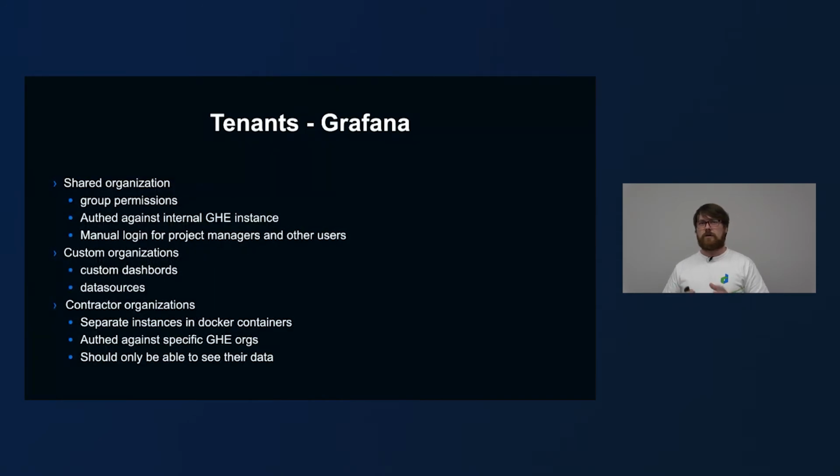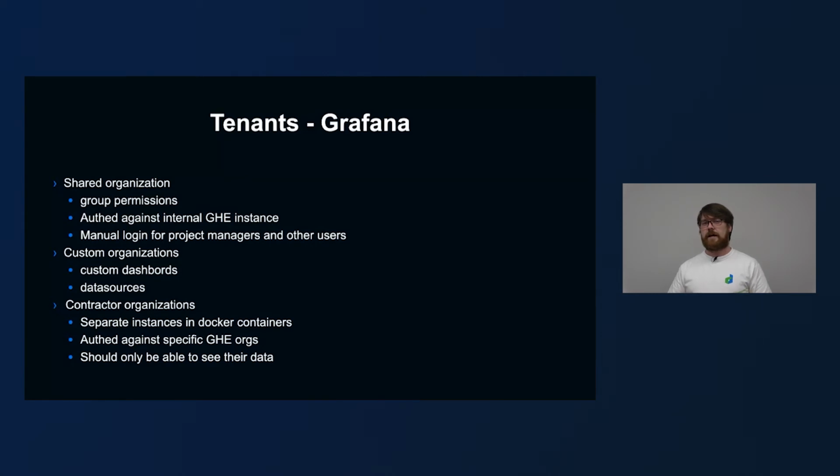Now, with our Grafana tenants, we have our shared instance that I mentioned earlier. This has basic group permissions for anyone within LINE. For this instance, typically we auth against our internal GitHub Enterprise instance. So any developer that has access to GitHub also has access to metrics to view.